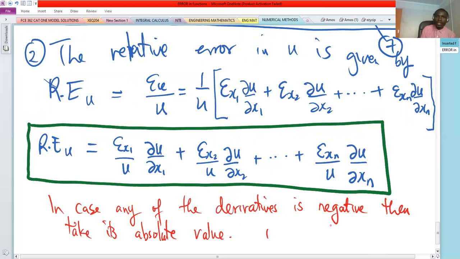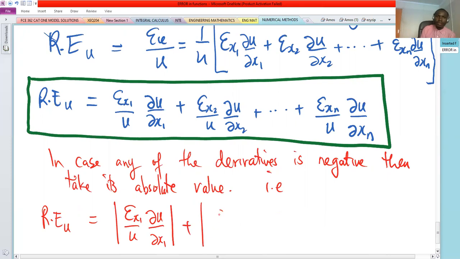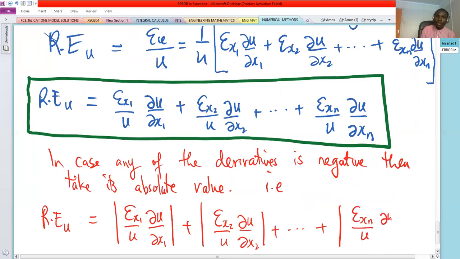So this is what I mean, that the relative error in u will be given by the absolute value of error in x1 over u partial u partial x1 plus the absolute value of error in x2 over u partial u partial x2 plus up to error in xn over u partial u partial xn.